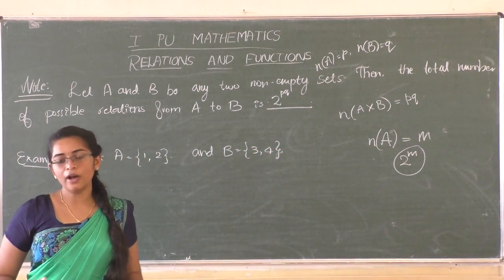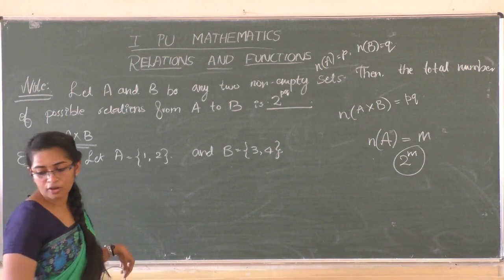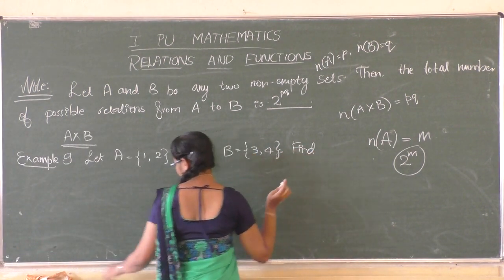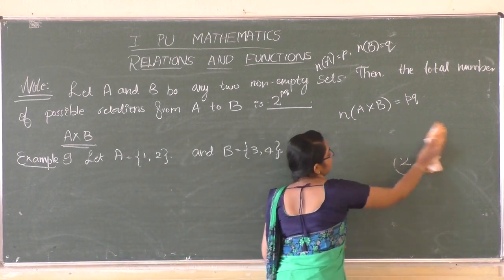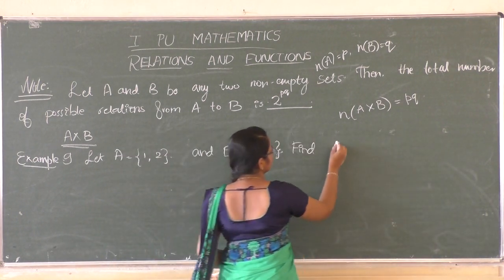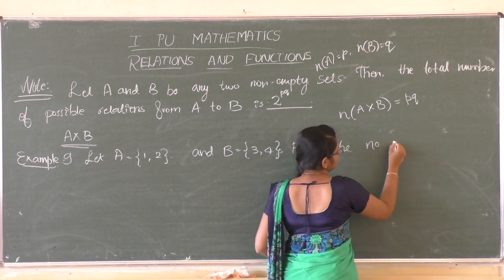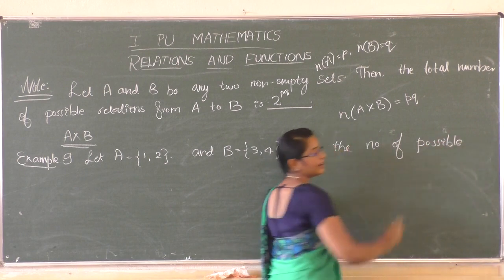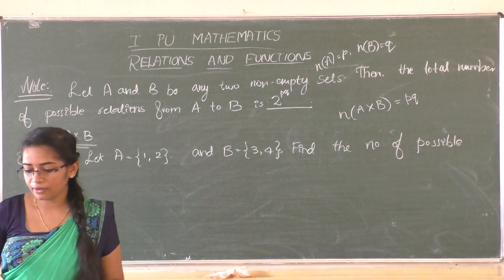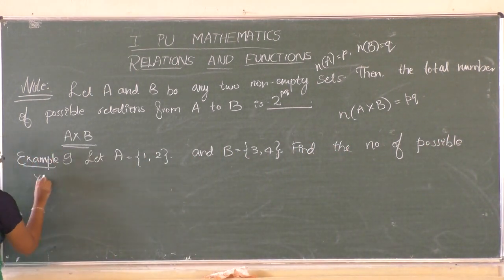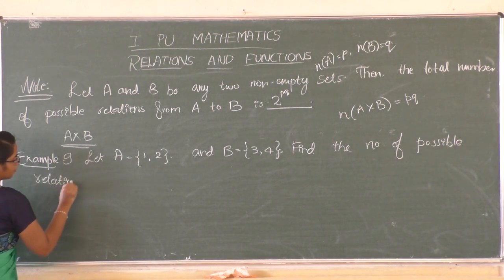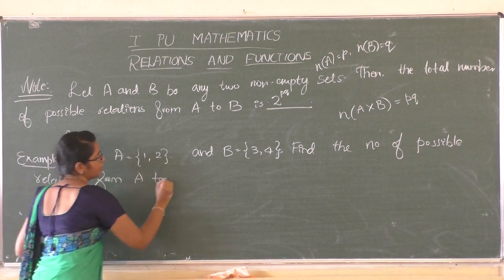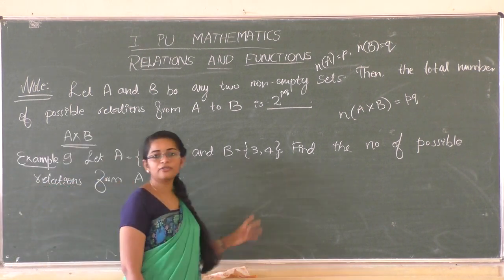You need to find the number of possible relations from A to B. How can you find this?